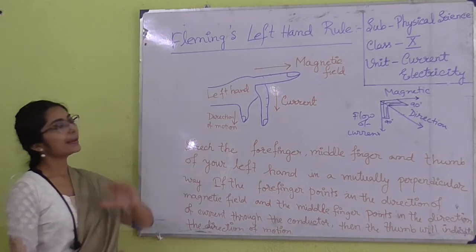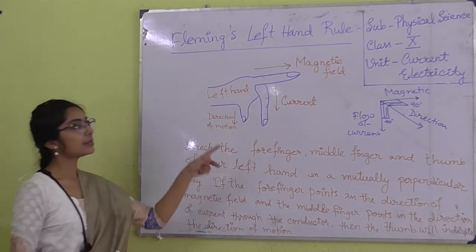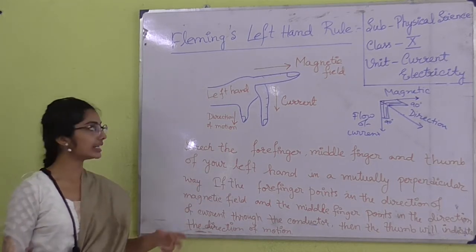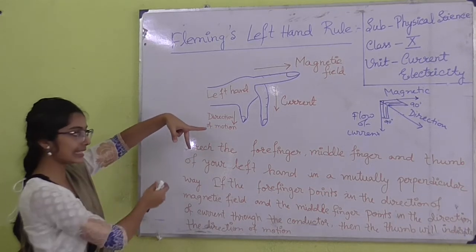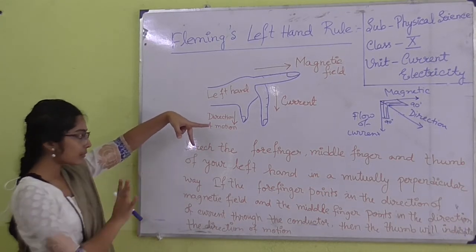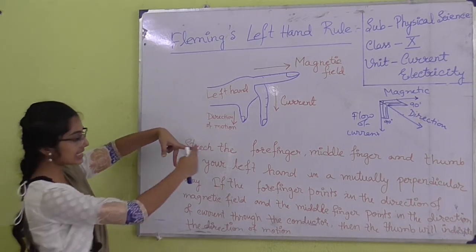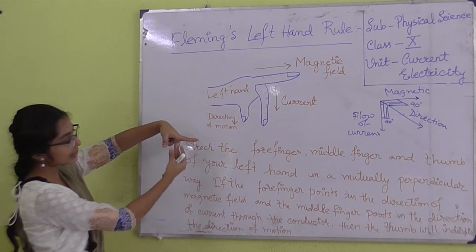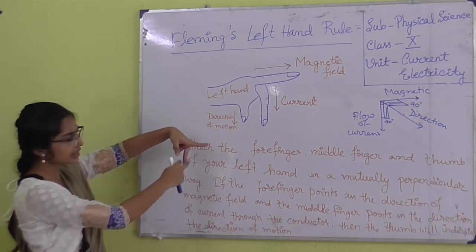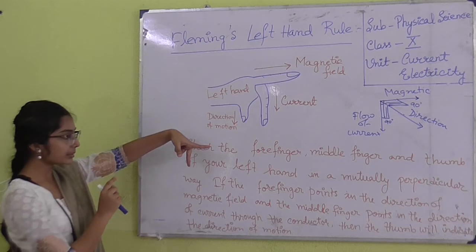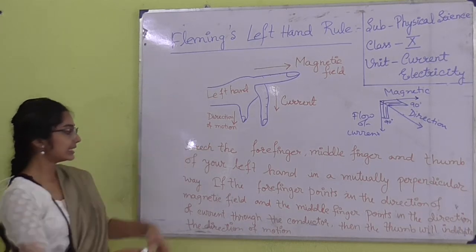So the statement of Fleming's left hand rule is: stretch the forefinger, middle finger and thumb of your left hand in a mutually perpendicular way. If the forefinger points in the direction of the magnetic field, and the middle finger points in the direction of current through the conductor, then the thumb will indicate the direction of motion.